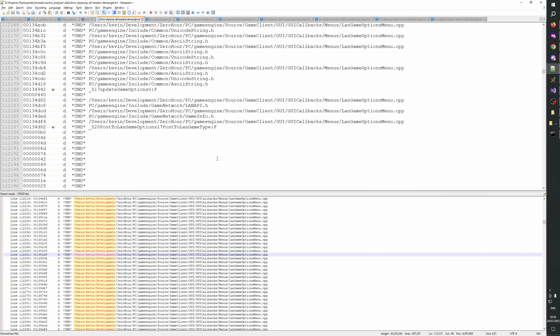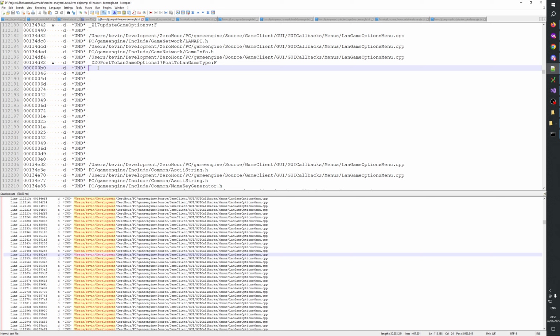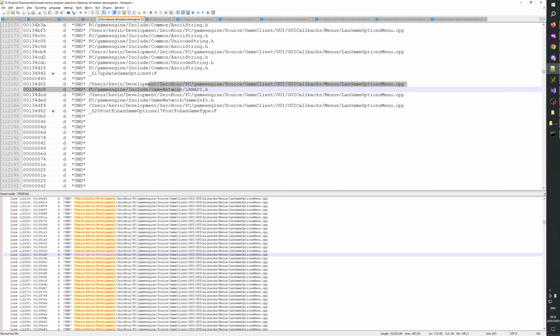Fantastic. Now the question is, what is this here then? So this one is the size of the function. These are the code that belongs to the files inside this one function. But then what is this here?